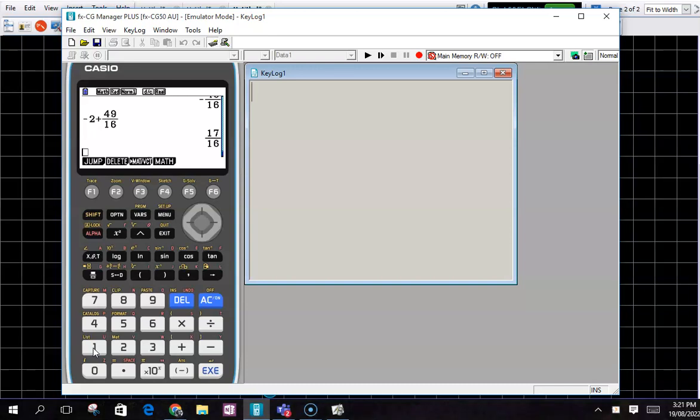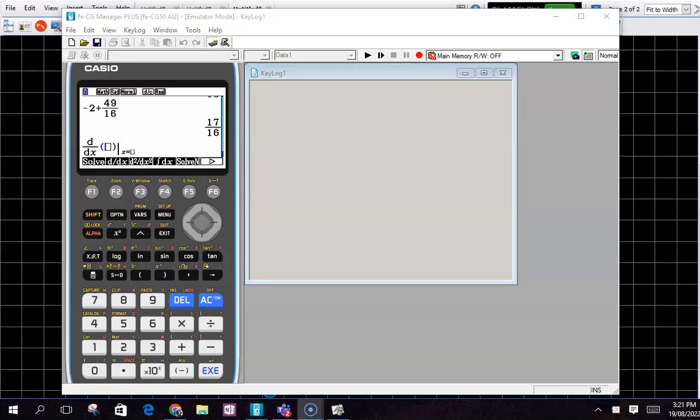So here we go. We are going to go to option. And we're going to go to calc. But we're not going to go to solve n. We're going to go to this. D by dx. That is the derivative. I'm just doing one. So in here, we're going to put our function, so 2x squared.